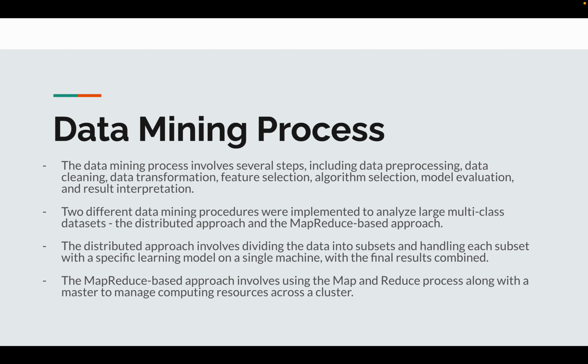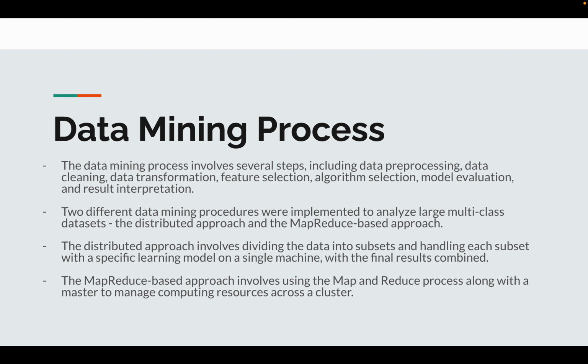So the previous slide has given us an insight into the background of the paper and the importance of data mining. Now, we will discuss the data mining process that has been implemented to achieve the objective of this study.